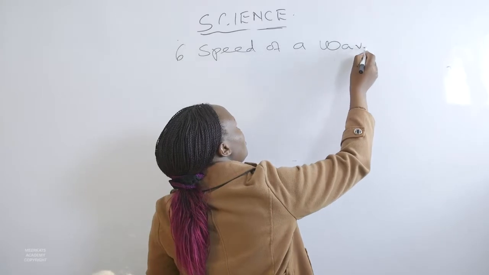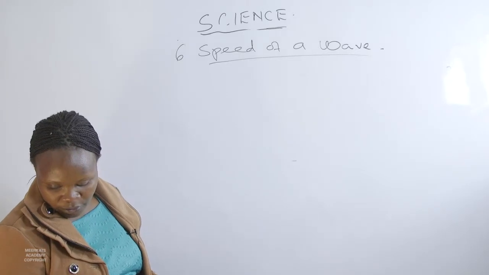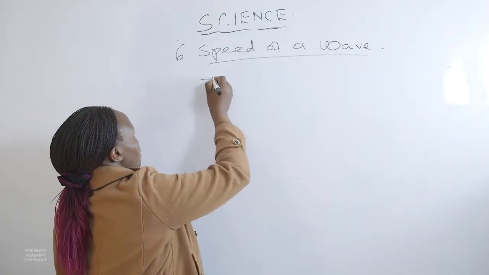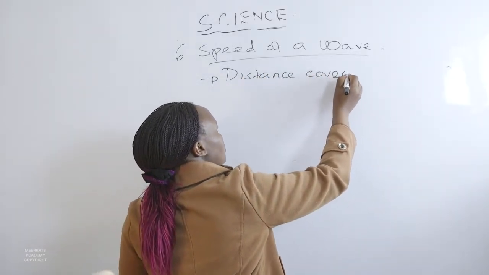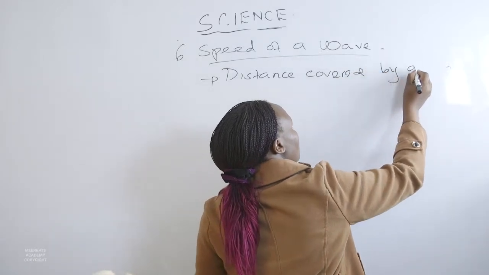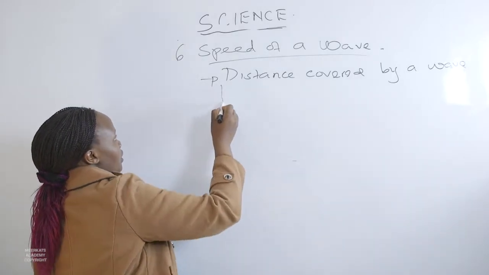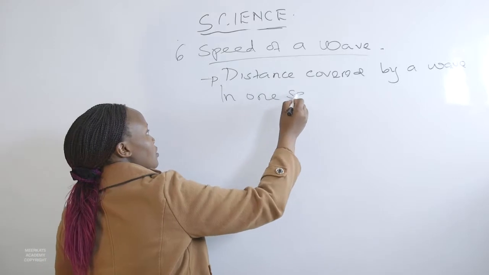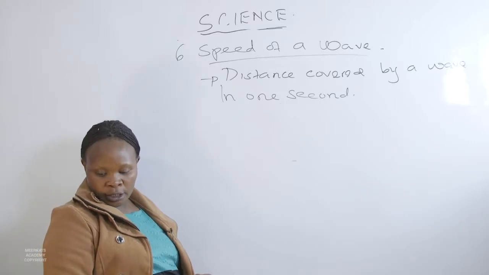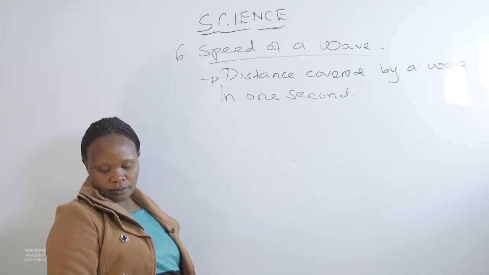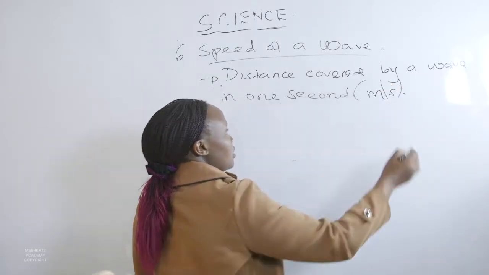The speed of a wave is the distance covered by a wave in 1 second, and it is given in meters per second.